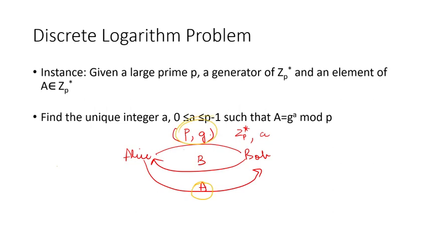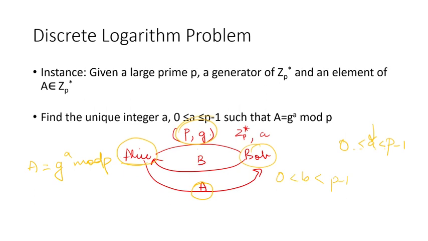So you know that the attacker has access to A, P and G. Since the key is G to the power of a modulus P, what the attacker can do is change the value of a, and we know that a would be any value between 0 and P minus 1. If you remember, Alice chooses a value between 0 and P minus 1, and Bob chooses a value b which is less than P minus 1 and greater than 0.